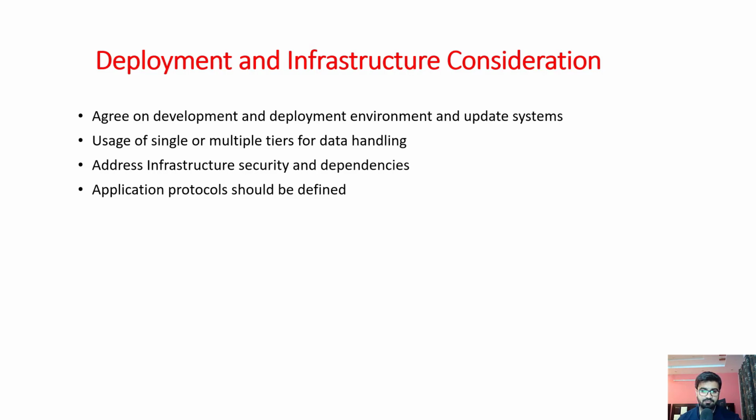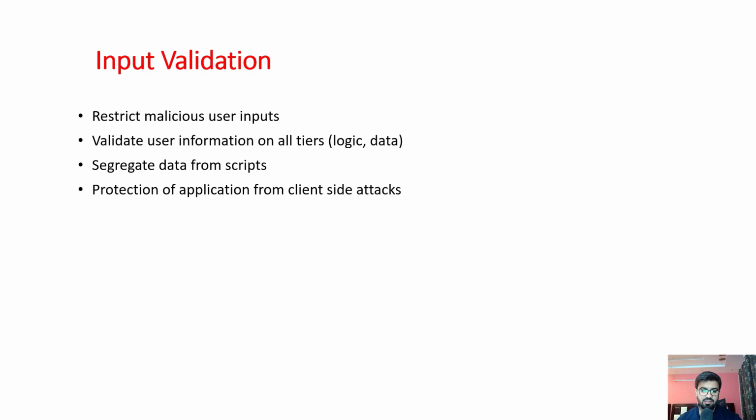Input validation. The application must ensure that only logically valid data can be entered at the front end as well as directly to the server side of the application or system.